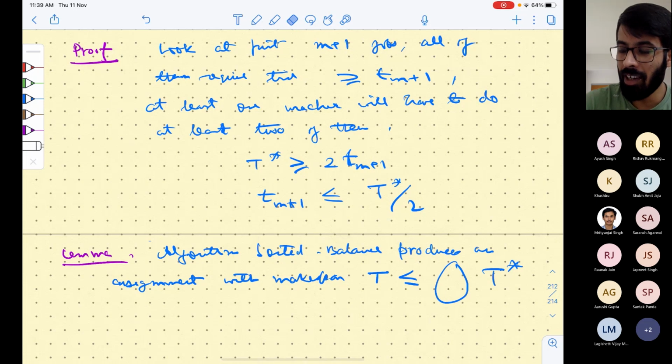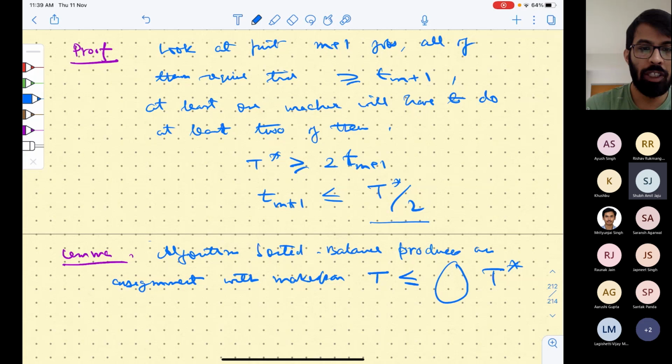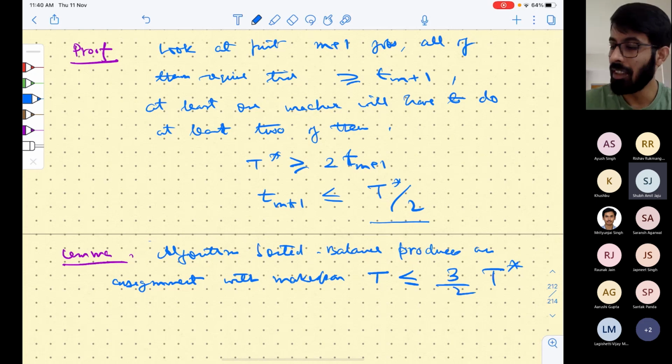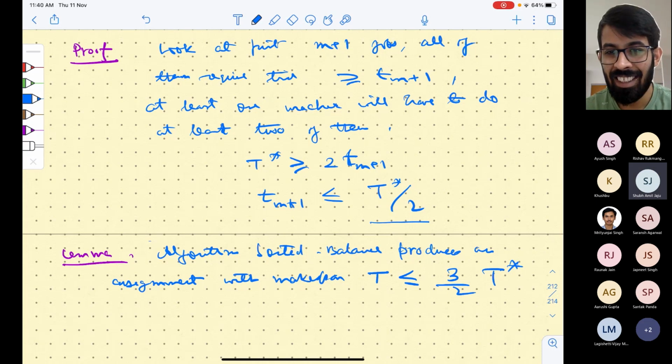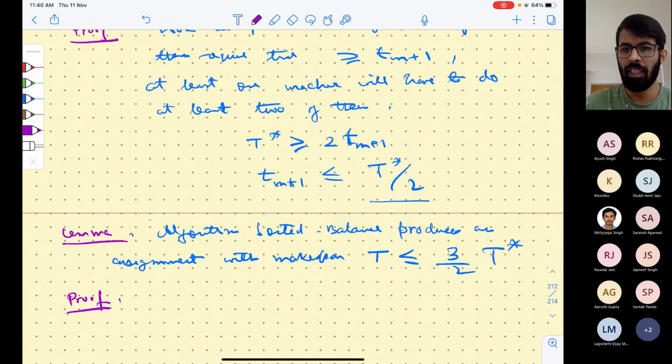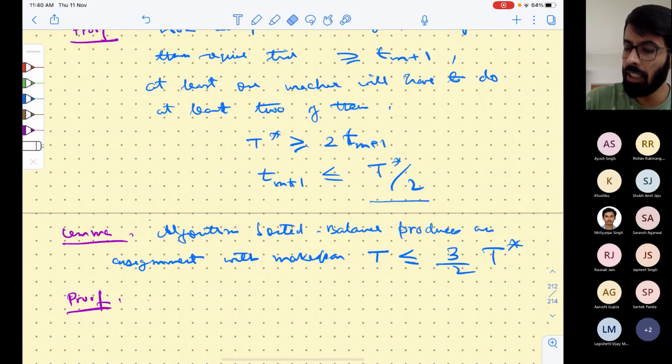Here we have T star by 2. And earlier for that job, what was the bound that we had? 3 by 2 T star. Yeah. You take 2 minus 1 by M, where M will be 2 here. Okay, so this is it. And the proof is really simple. So let M_i be the machine which has the highest load.